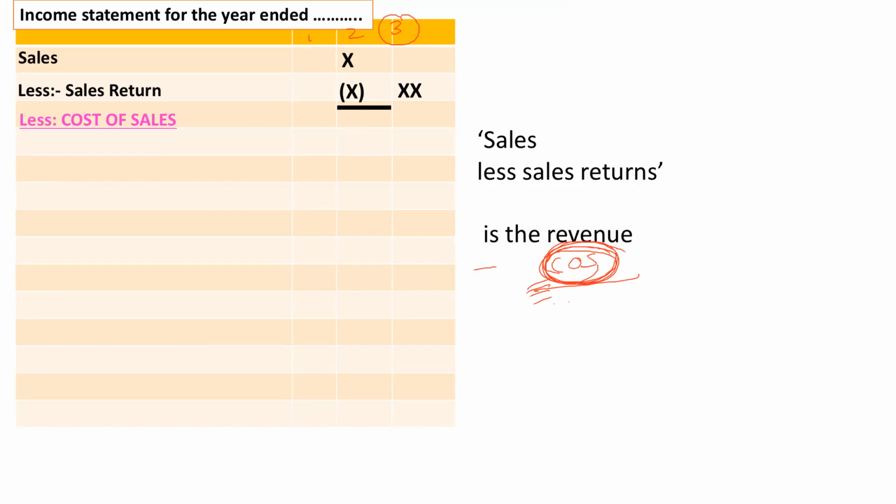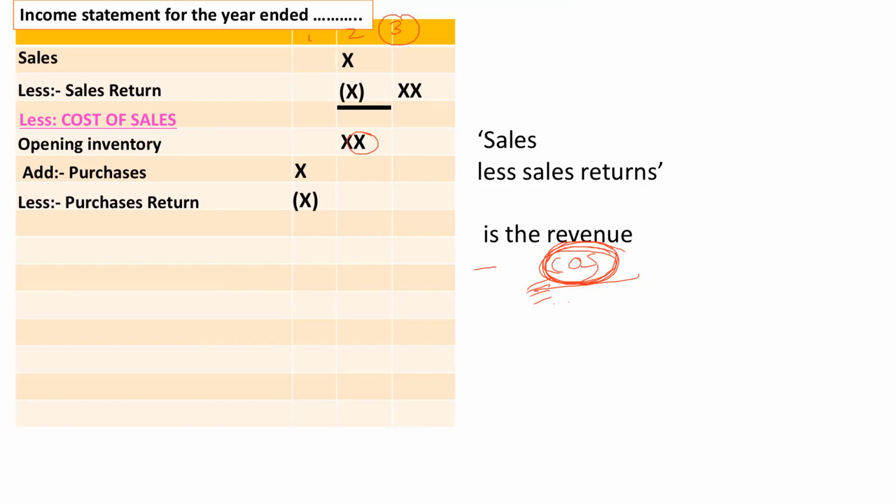Less the cost of sales. Opening inventory, second column. Add the purchases. Purchases have a lot of adjustments to be done. So all the adjustments you will do in the first column before arriving at the proper figure of purchases to be written in the second column. From the purchases, subtract the purchase return.